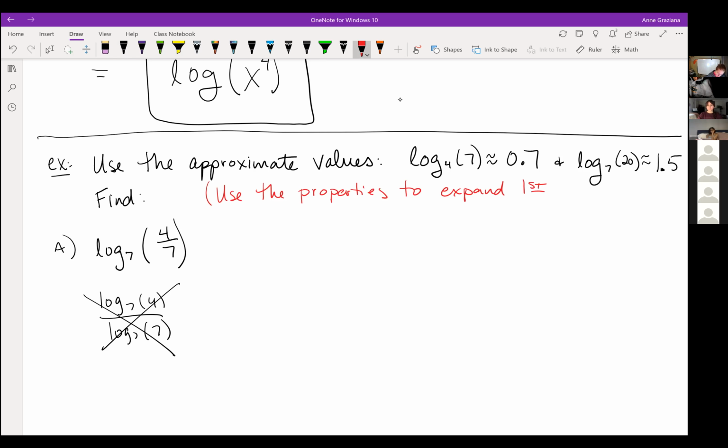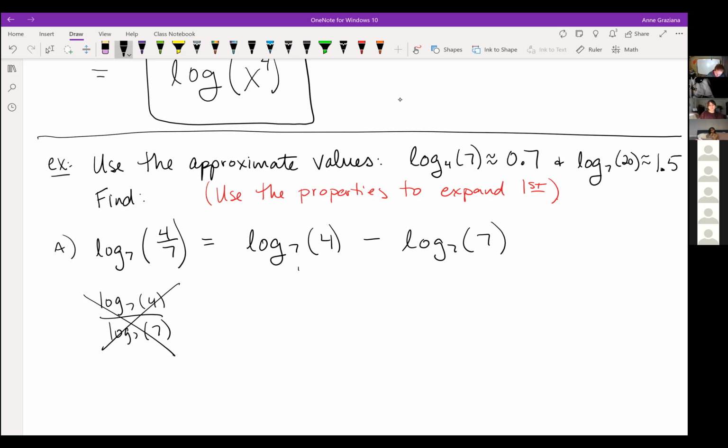Okay, now, what you do notice is if I look at this and do this as a quotient, some nice stuff happens. Once we expand it out using our quotient property, then I do have some stuff I know. I have log base 7 of 4 by itself.